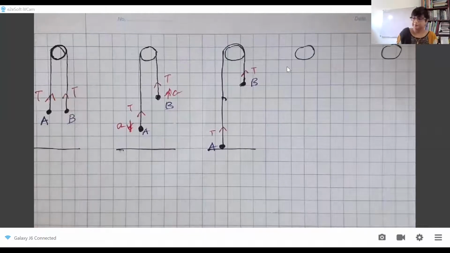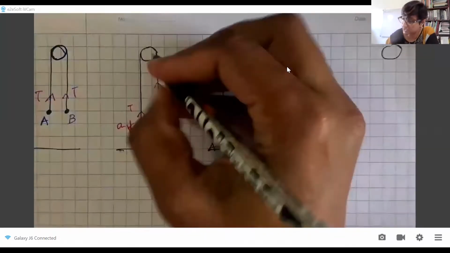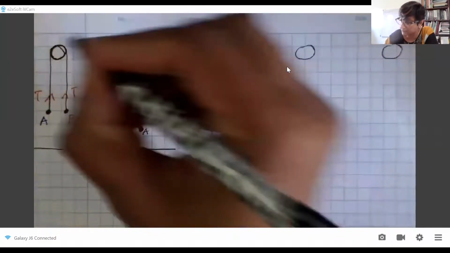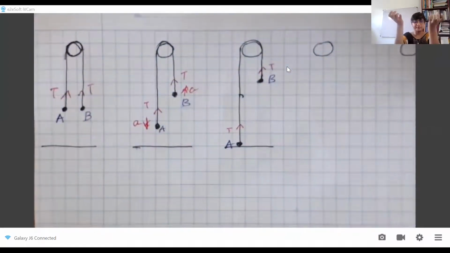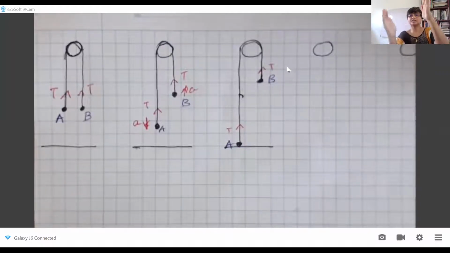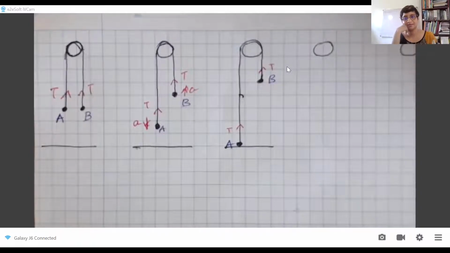It's moving. You thought it's stretching. This is not stretching. That's a good question. Did anyone think that? The string is moving with the particles.